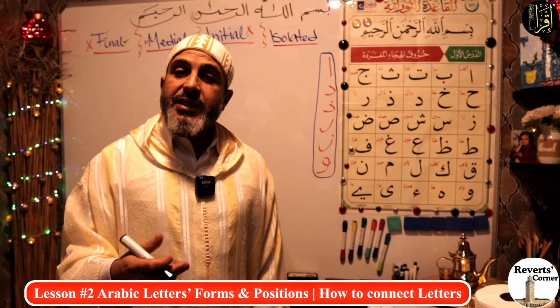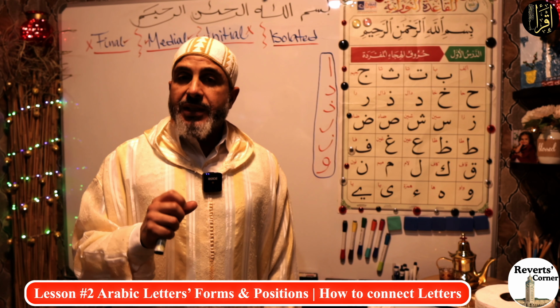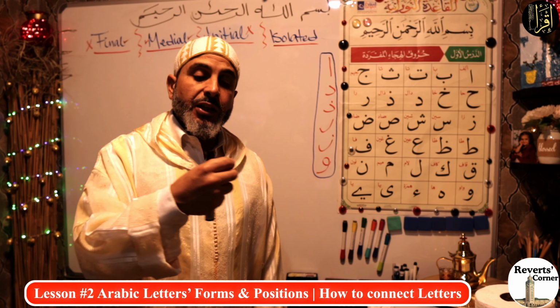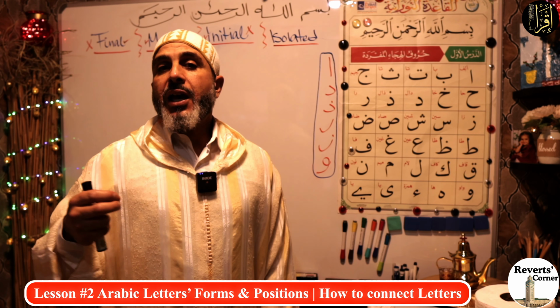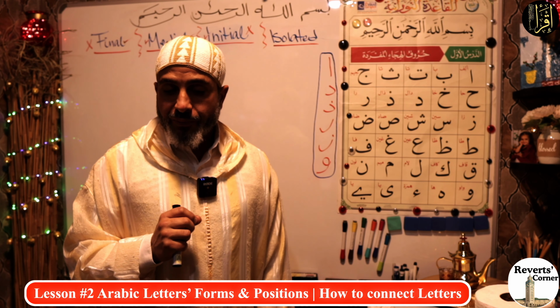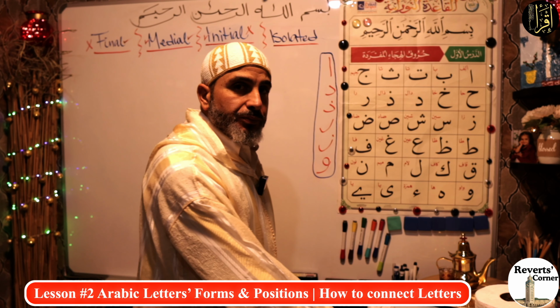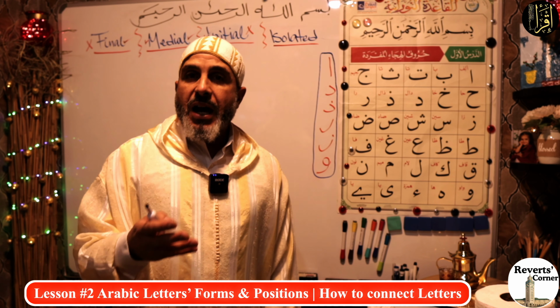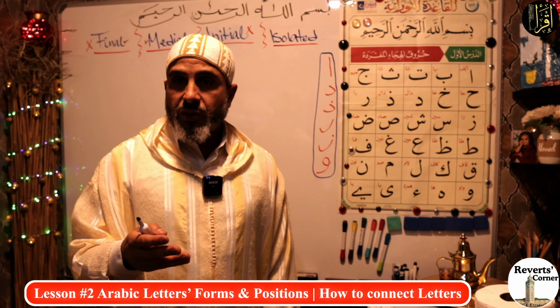But since the goal at the beginning stage is to read Arabic words, it is important to recognize the letters' shapes at the initial, middle, and end positions in a word or word segment. Take, for example, the word Washington, that is pronounced almost similarly in Arabic and English.